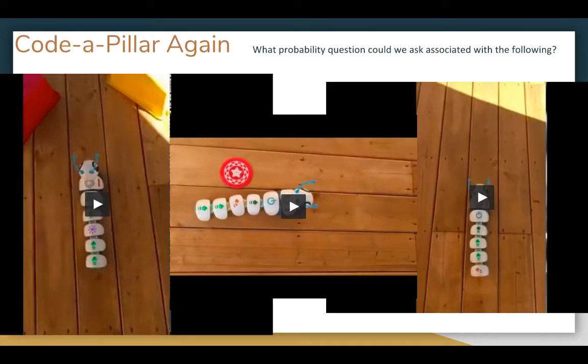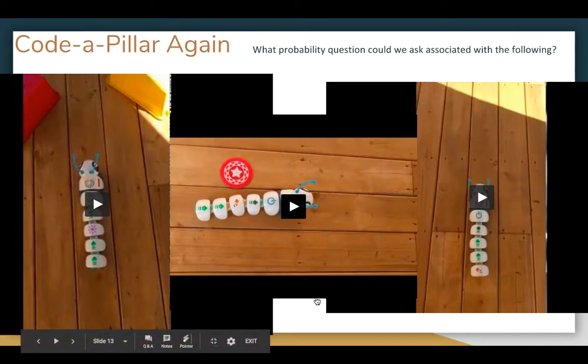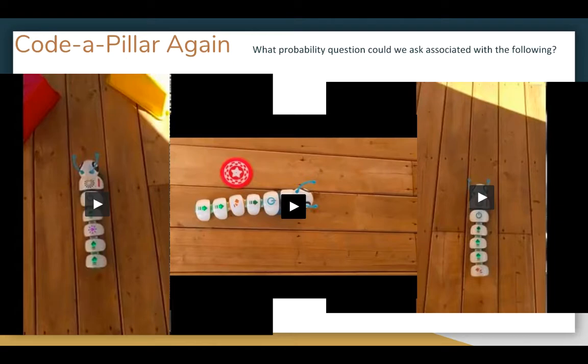This is a really neat problem that I created. This toy that my son has is called a Cotapillar. And so the question was, what probability could we ask for the following? And so you kind of understand what this thing is doing. I'll paint it better in class, and there's a picture of it in the first unit.